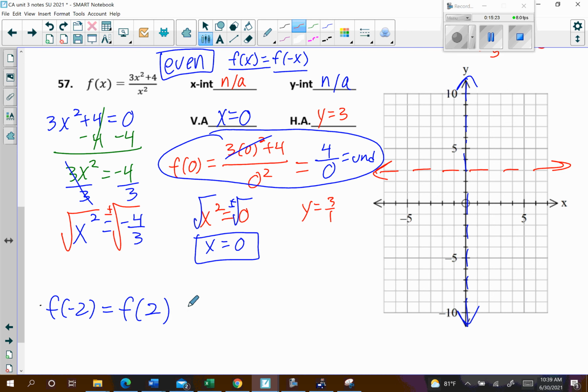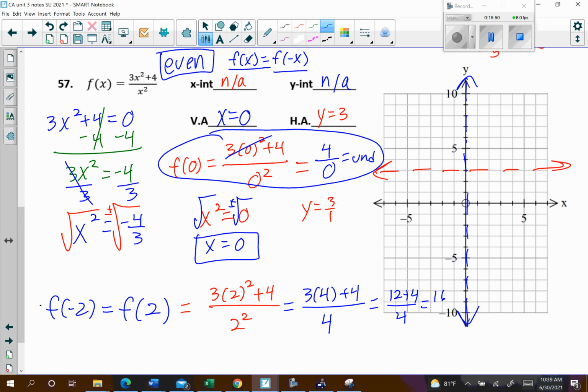So let's try f of 2. So I'm going to have 3 times 2 squared plus 4 all over 2 squared. And then we're going to end up with 3 times 4 plus 4 all over 4. Then we're going to have 12 plus 4 over 4.